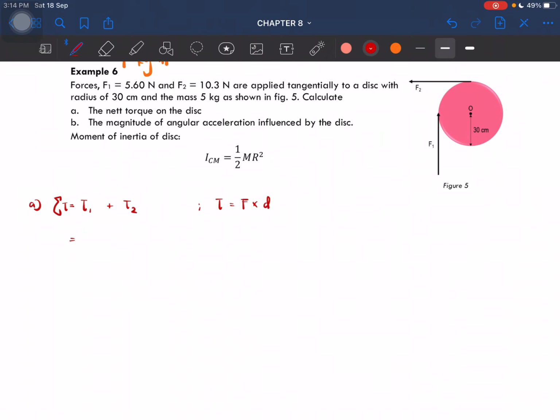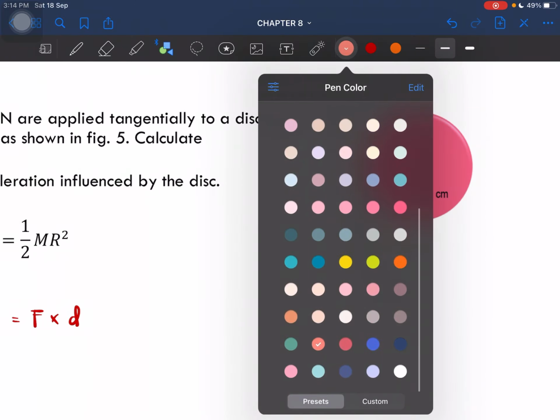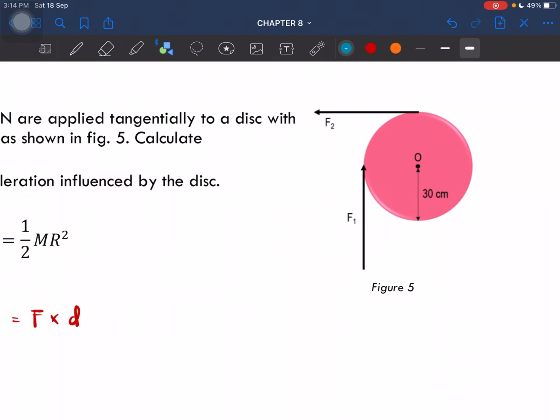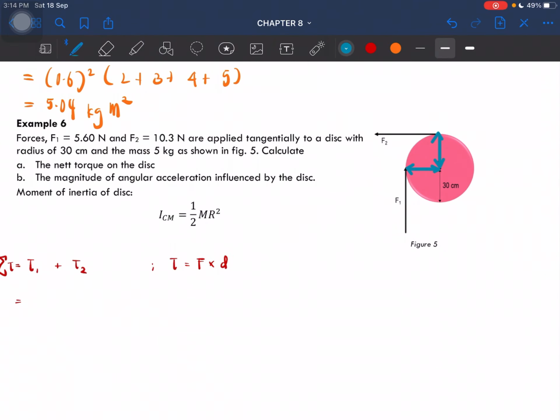In this case the perpendicular distance is basically just the radius of the disc. So the radius of the disc is this one, and this is the perpendicular distance for force 1. So this is just R, and then R.